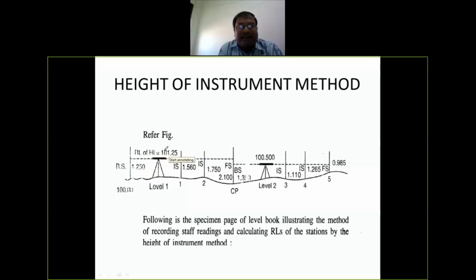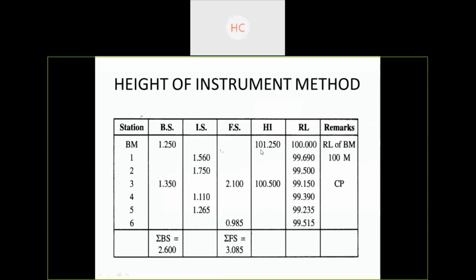Okay, so what is my RL of HI? You have to add this 1.250 to 100 meter. So this much height is called your height of the instrument. That is 101.250 meter.